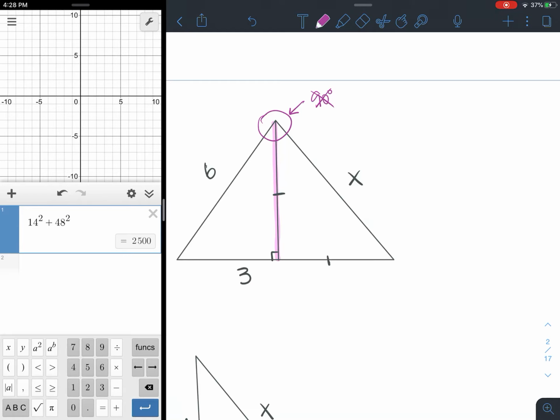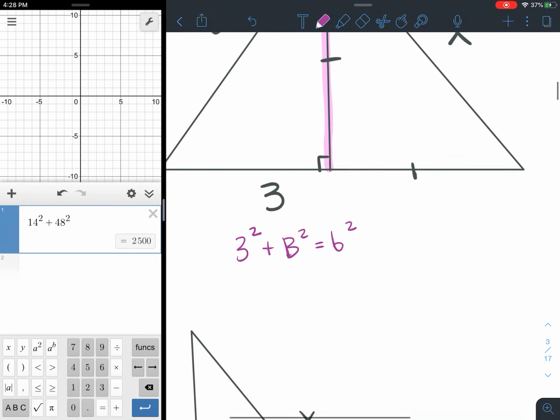I have 6 as my c squared, so I'm going to go ahead and set that up as 3 squared plus b squared is equal to 6 squared. Let's see, 9 plus b squared is equal to 36.